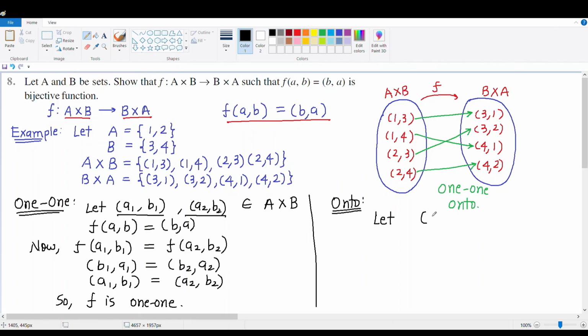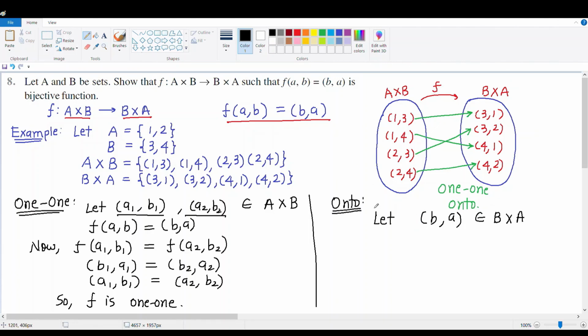Let's call it (b, a), because that's what they have given us. That output becomes (b, a), so I'm just taking that. So let (b, a) belong to B cross A, that means in this codomain. Now we need to find some pre-image for this (b, a).